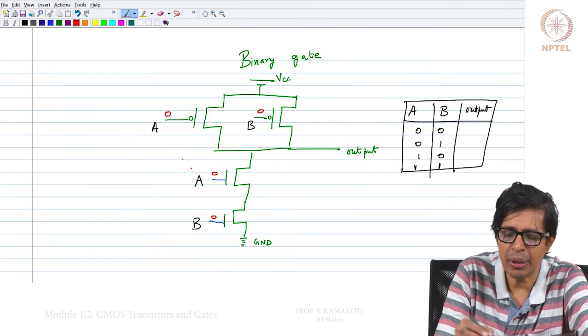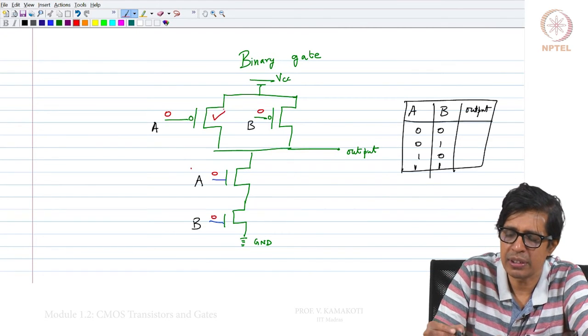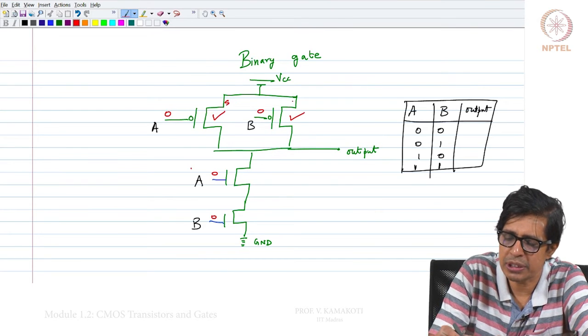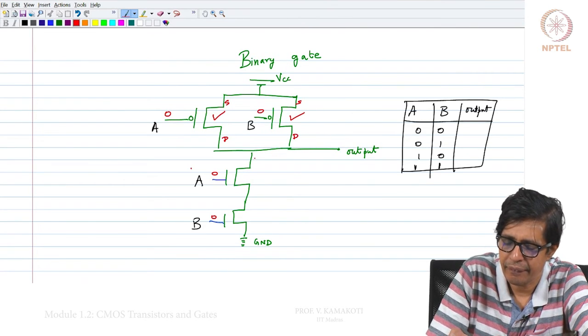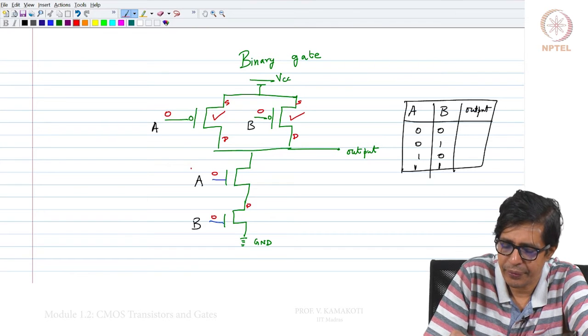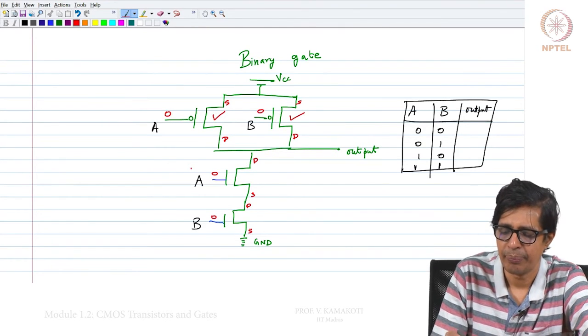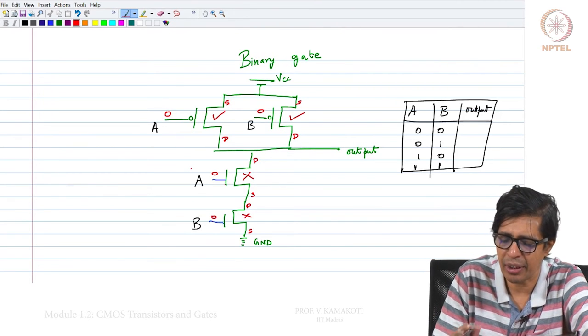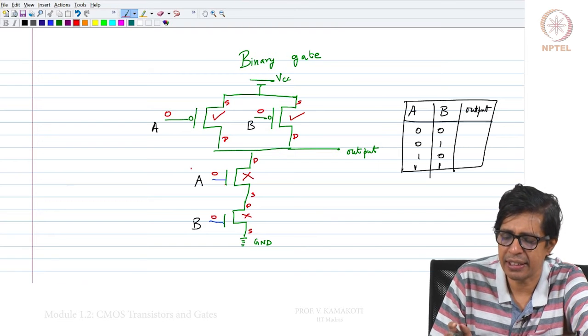Right. When 0 is given, this is on, this is also on. That means your source is connected to the drain. While these N transistors, given 0, are off, that means they are disconnected.